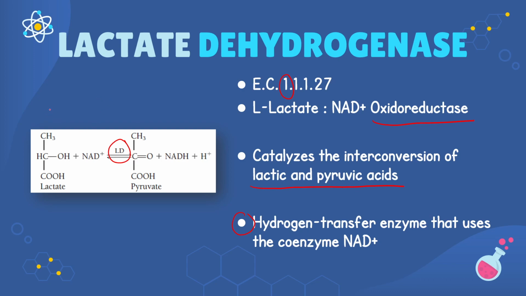Looking at the chemical reaction on the left side, here's NAD, and it will become reduced nicotinamide adenine dinucleotide. Another hydrogen ion will be removed. Where does that hydrogen ion come from? It comes from here, and the other hydrogen ion is here.